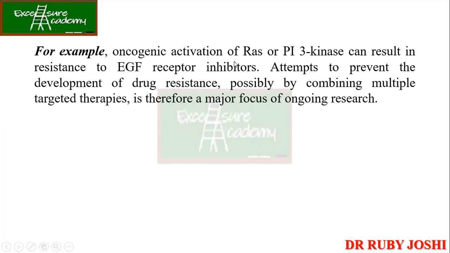For example, oncogene activation of RAS or PI3 kinase can result in resistance to the EGF receptor inhibitors. So over a period of time, as I told you, like in 5-10 years, the particular cancer cells are becoming resistant to that particular drug. Now the question is, why?